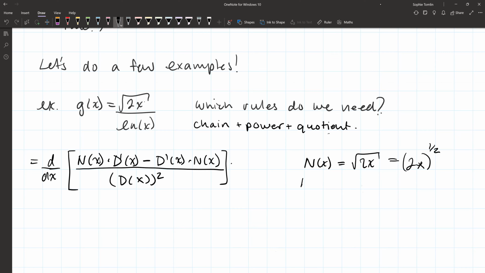To find the derivative of the numerator before we bring it into the quotient rule formula, we bring this 1/2 down.